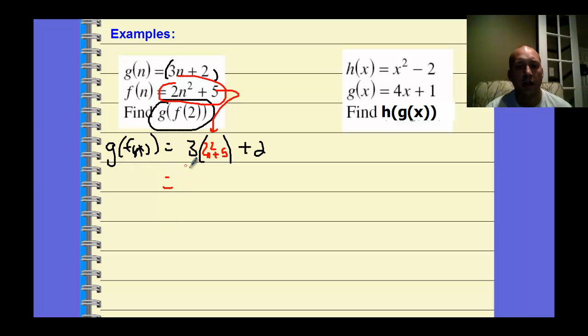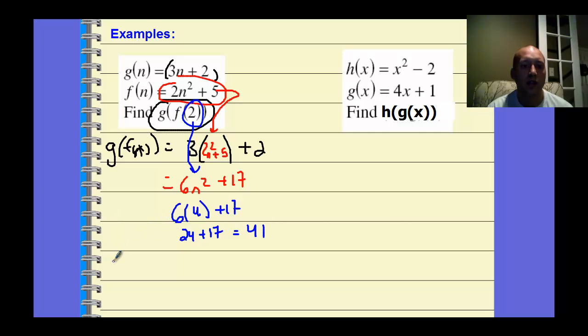And then you can evaluate that, and you get 6n squared plus 15 plus 2, or 17. So you can evaluate the composition, and then you can plug 2 in. This is one way of finding the value. So now you can plug 2 in for n. So you have 6 times 4 plus 17, or 24 plus 17, which is going to be 41. That's one way of doing the problem.